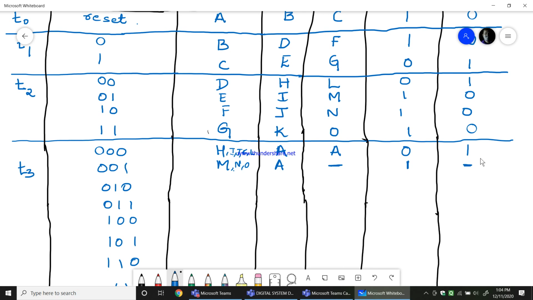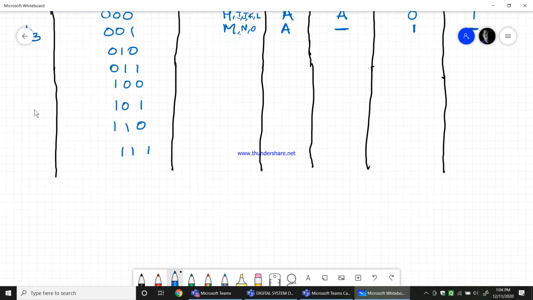So this is the table. The table which we have written now is the state table. The next table we write would be the transition table.